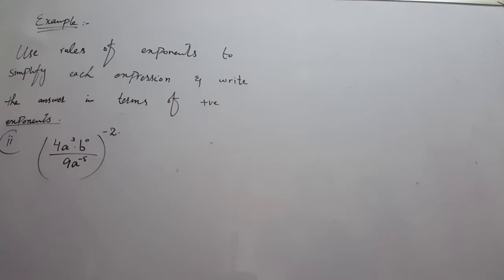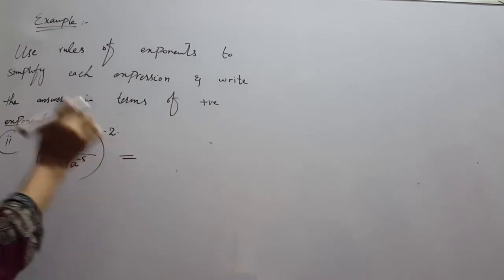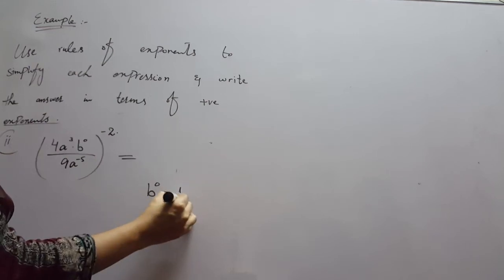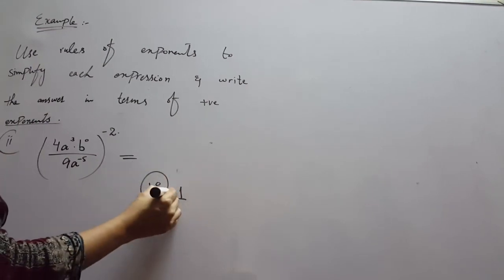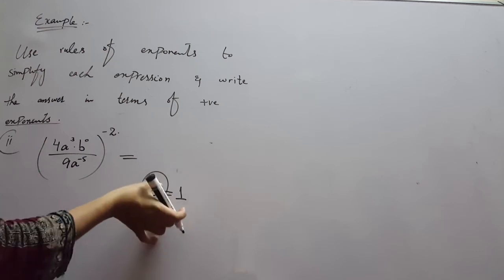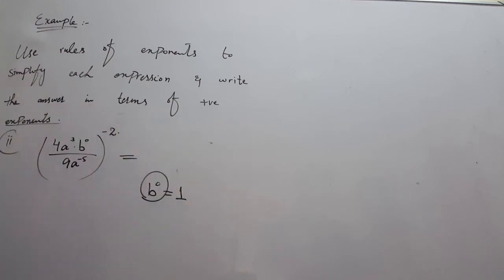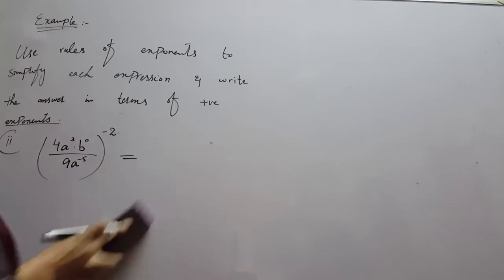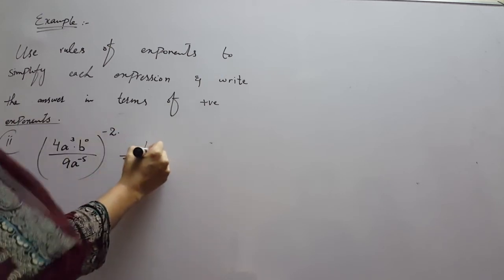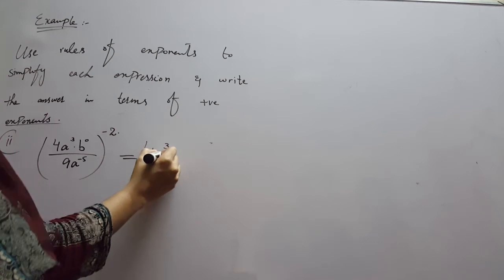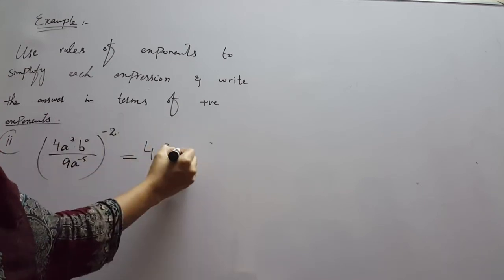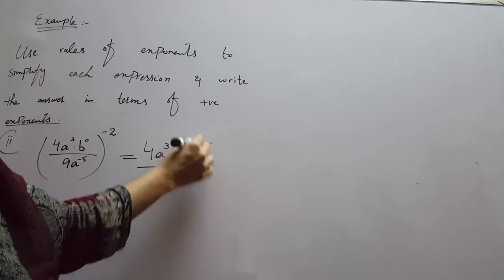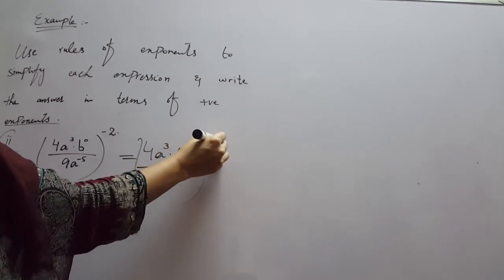Here first of all b power 0 is equal to 1, because we know that any integer, positive or negative, raised to power 0 is equal to 1. So we can write 4 a cube times 1 divided by 9 a raised to power minus 5, and whole power minus 2.